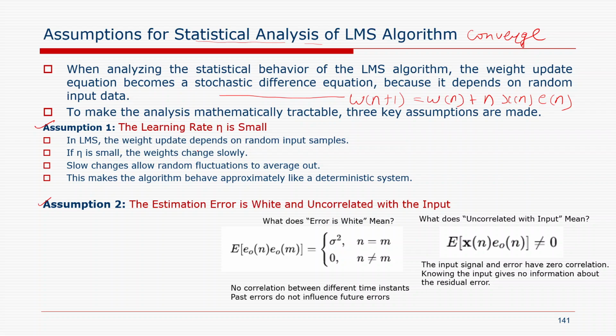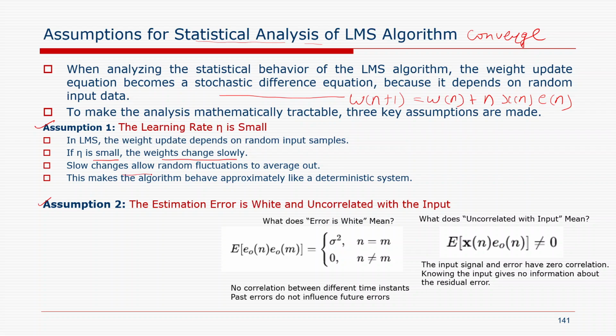In LMS, the weight update depends on the random input samples. If eta is small, the weights change slowly. That is, if we start with too high a learning rate, the weights will change too fast, and we may miss the optimum weights we needed.